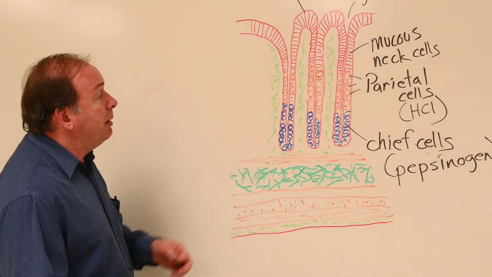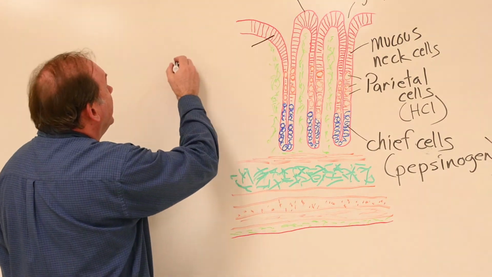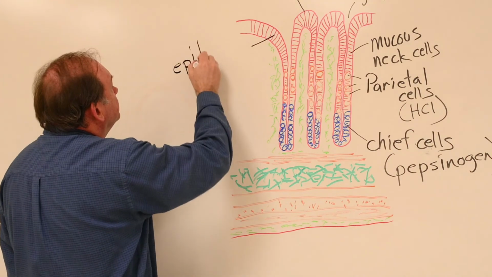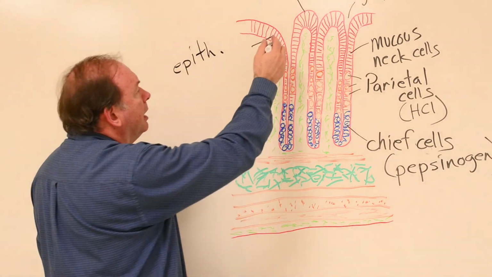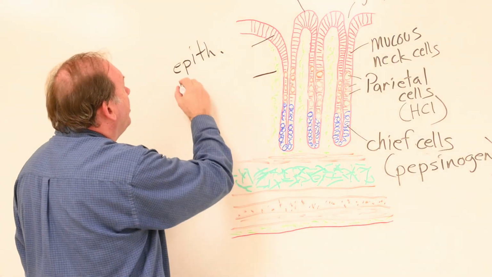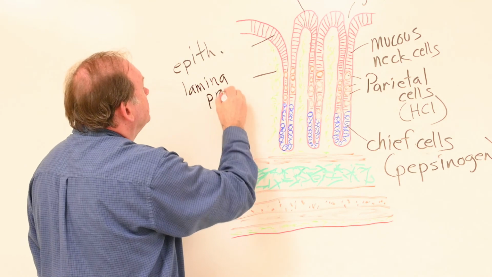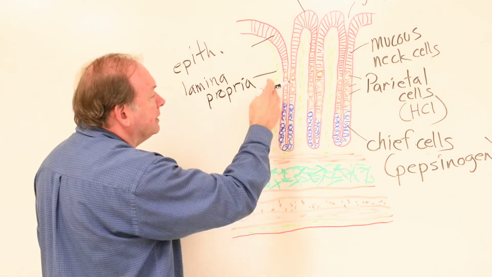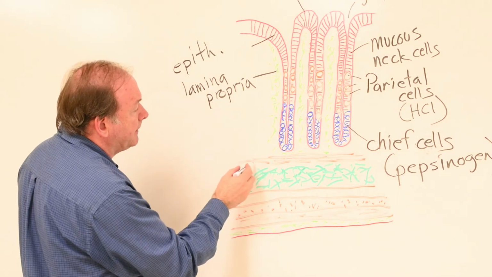So let's go ahead and label all these parts here. We've already mentioned that we have the epithelium. It's mostly a columnar epithelium. Then we have the lamina propria. That is a loose connective tissue with lots of lymphocytes and vessels and so forth.